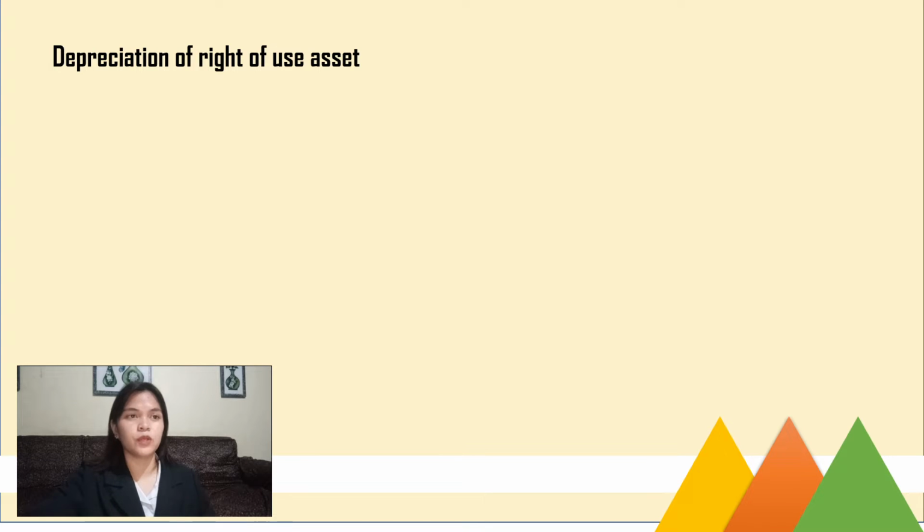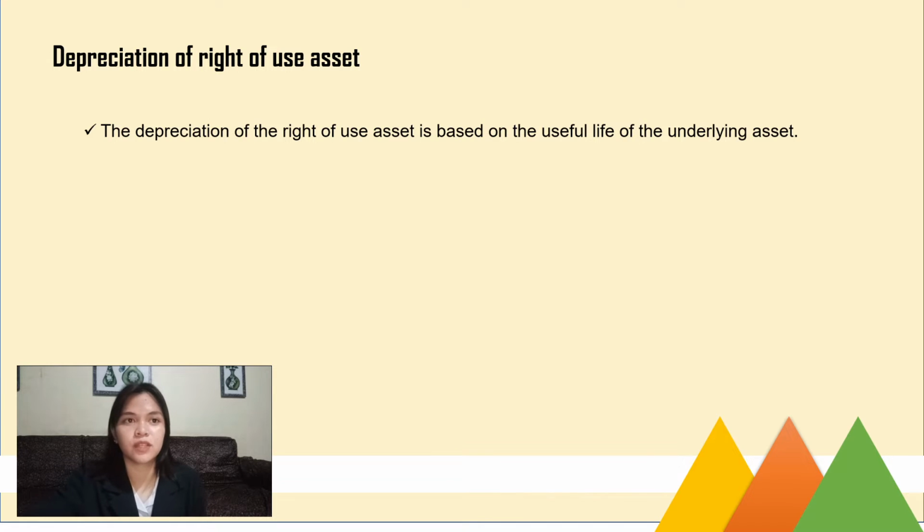Depreciation of right of use asset. So tinutukoy rito na the depreciation of the right of use asset is based on the useful life of the underlying asset kapag yung lease transfers ownership of the underlying asset to the lessee at the end of the lease term.